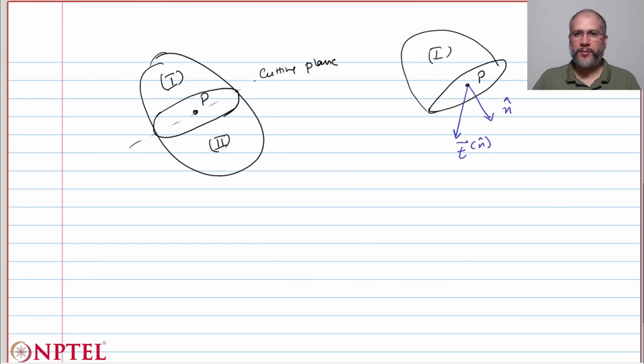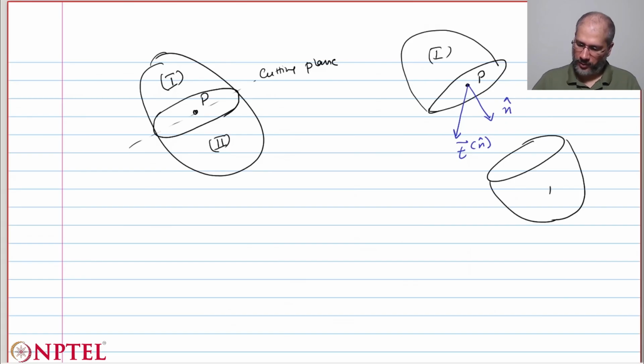So we were talking about the first part only, but there's also a second part, and we can draw the free body diagram of the second part as well. So let's do that. So this is part 2.